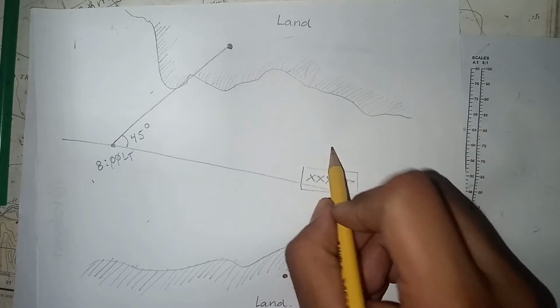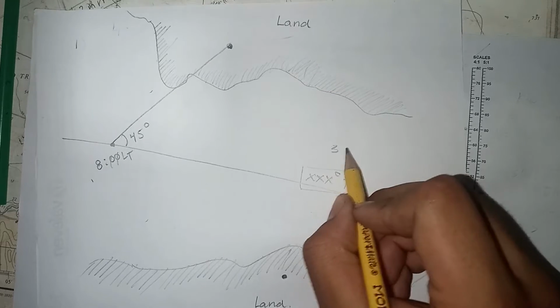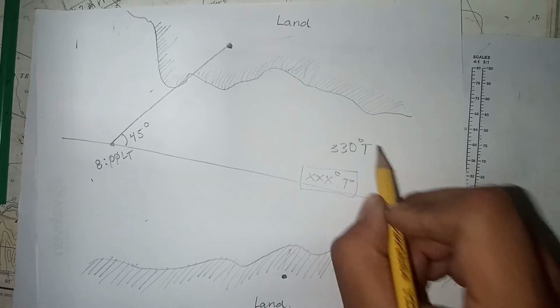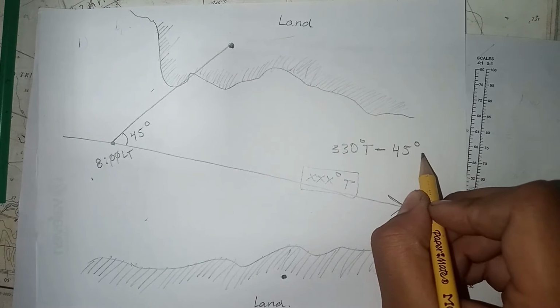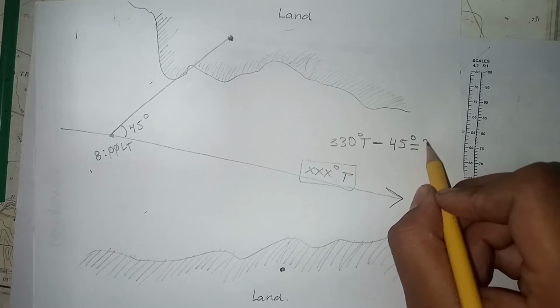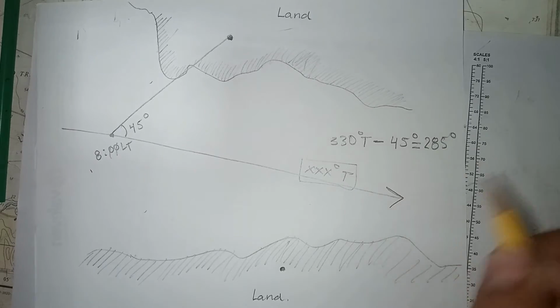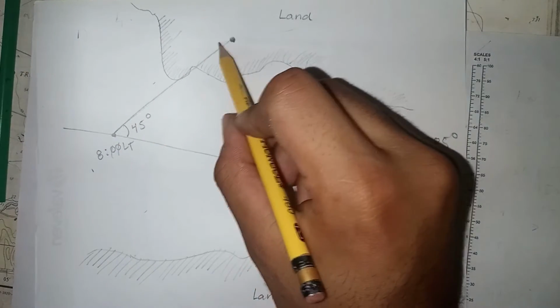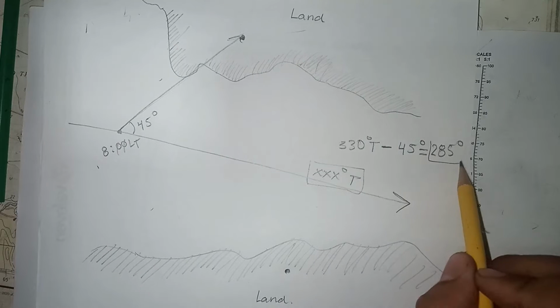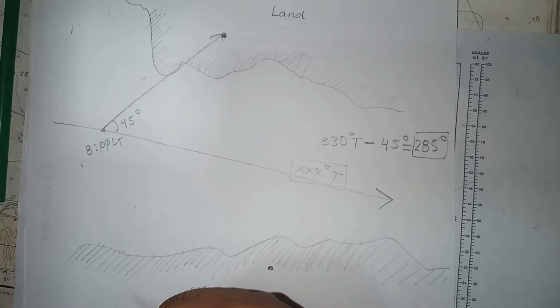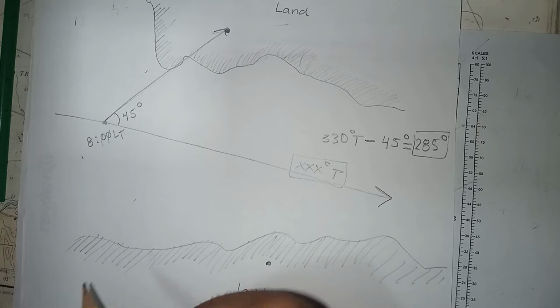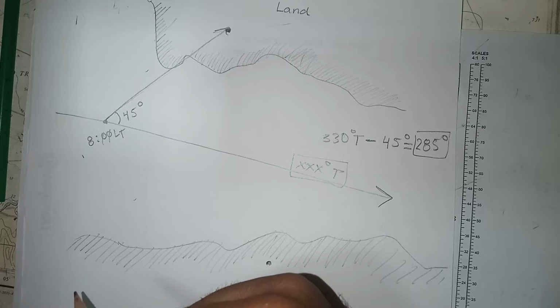In the first case, if we have got 330 degrees true, we have to subtract 45 degrees, which gives 285 degrees, and this angle is what we have to see at the gyro compass.